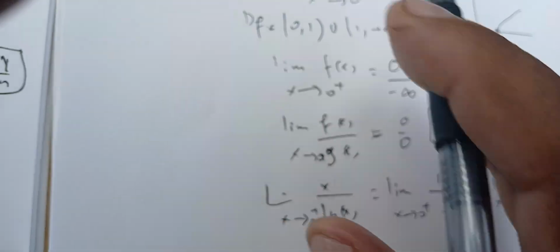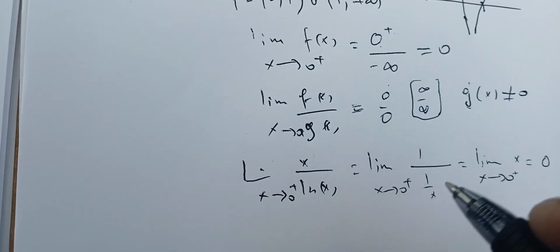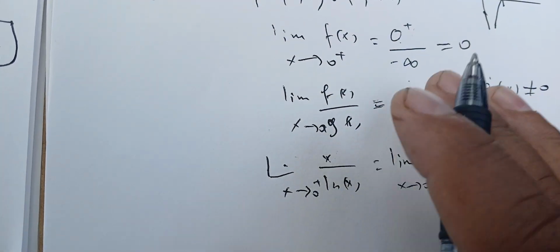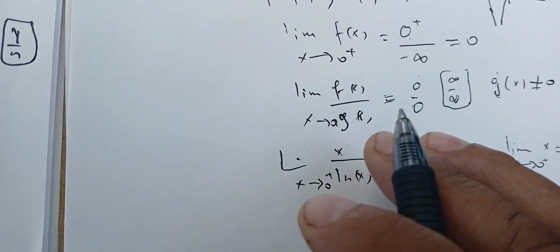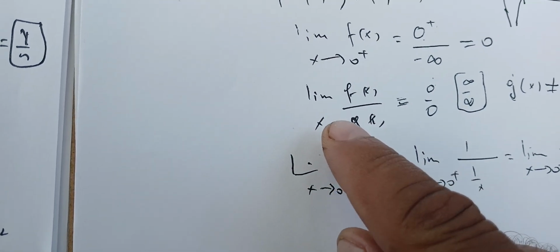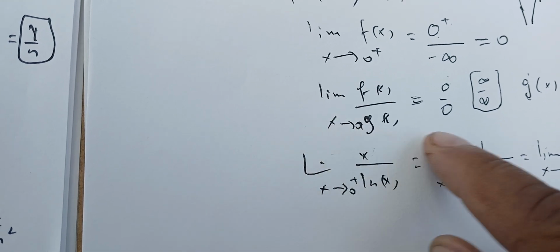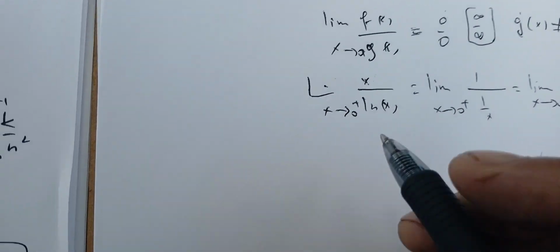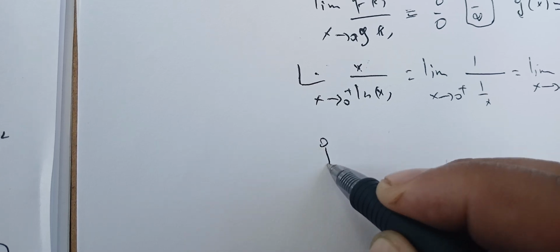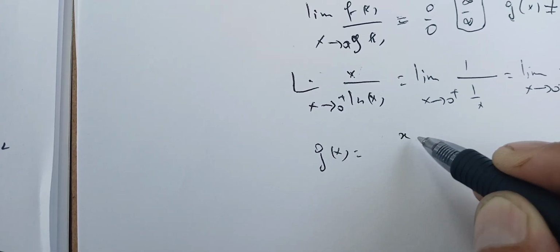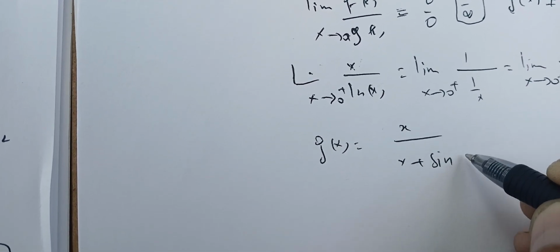Another thing is that sometimes L'Hopital's rule works when we are trying to get the limit at some value but not at another, for the same function. For instance, consider the function g of x equals x over x plus sine of x.